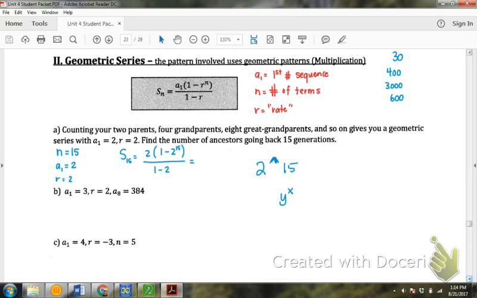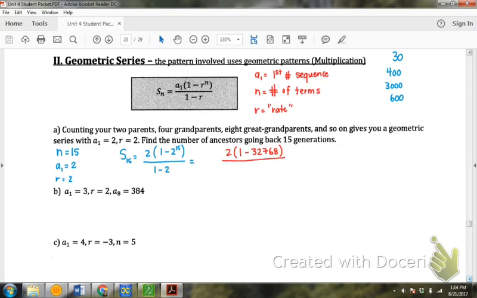Everybody's doing it on their calculator, so you can do 2 and then y to the x, 15, if that's you. So when we do 2 to the 15th, we're getting like 32,000 something, right? What are you guys getting? 32,768. 1 minus 32,768. Please write it in your formula just like this.